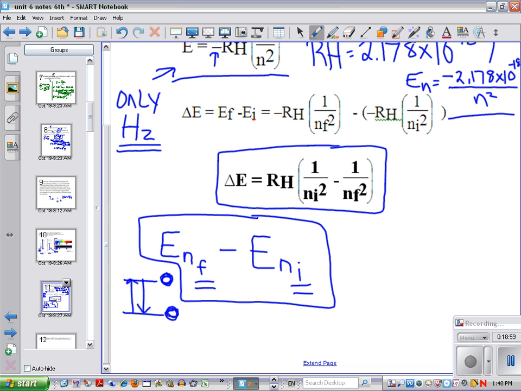You'll see there's no longer a negative here, which pulls the negative out here, which flipped the initial and the final. So now it looks like it's initial minus final. You are welcome to solve this either way. You can do it piece by piece, finding the energy for the final, finding the energy for the initial, and subtracting. Or you can use this one equation. And I'm going to take the next problem, and I'm actually going to solve it both ways for you. So you can see that it comes out to be the exact same.